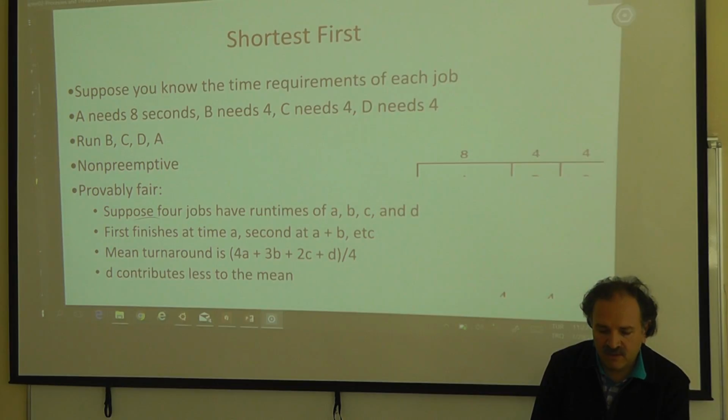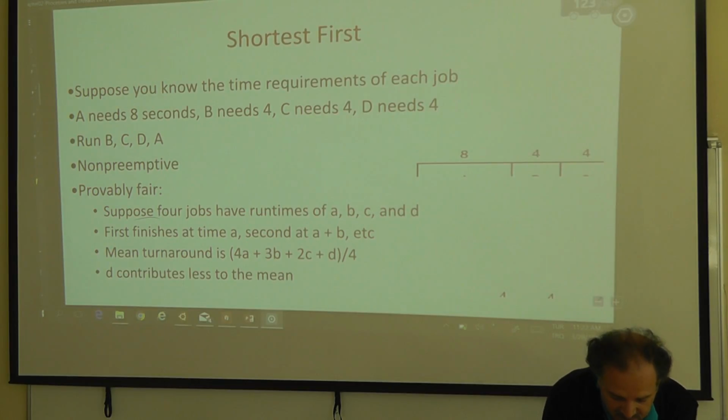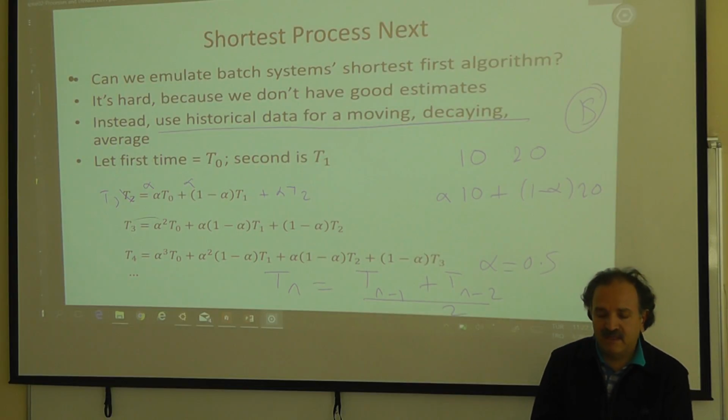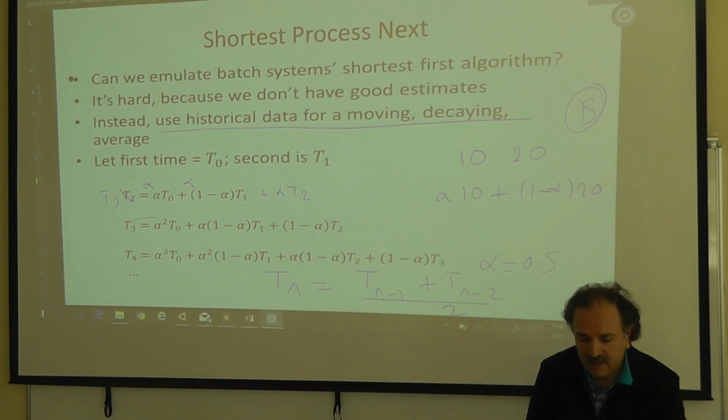That is how it was working. So run the shortest next, but to get a better estimate, I use this aging estimation of the expected interactive process running time. This is the formula if I use alpha as 0.5.